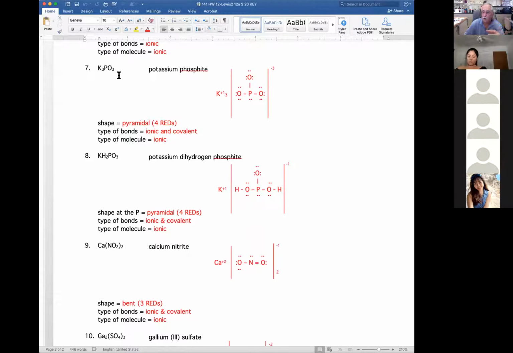So if you see one ionic bond, you name it as an ionic name, right? By that style. Also, you can do a Lewis dot structure the same way. So potassium itself is ionic, and so is phosphite. Because the attractive force is between that negative charge and that positive charge, making it an ionic attraction.